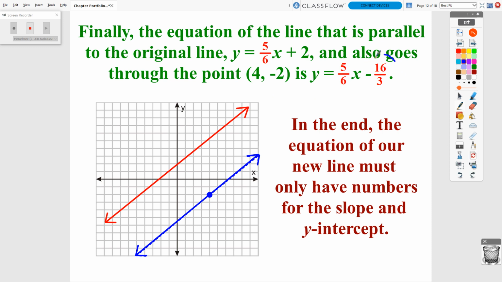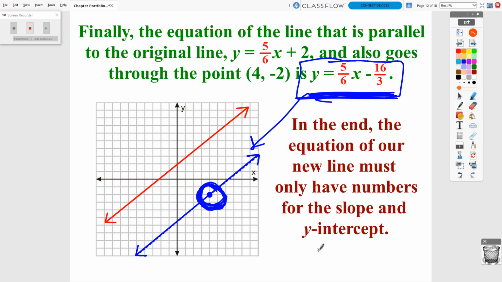You did that so that you could figure out this negative 16 thirds. But once you figured out what the y-intercept is, now you're going to reconvert back your negative 2 and 4 into its original y and x. So this is the final answer. This is the equation of the line, this blue line, that is parallel to the red line, and it goes through this specific point at 4, negative 2.